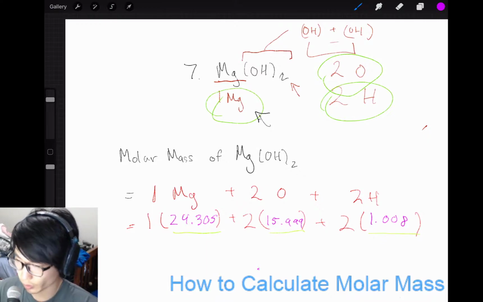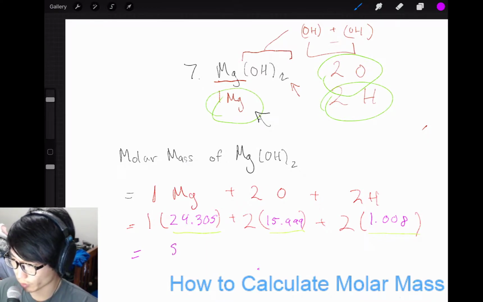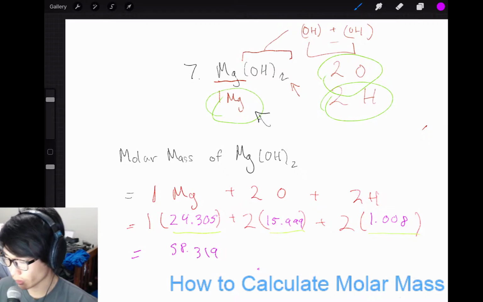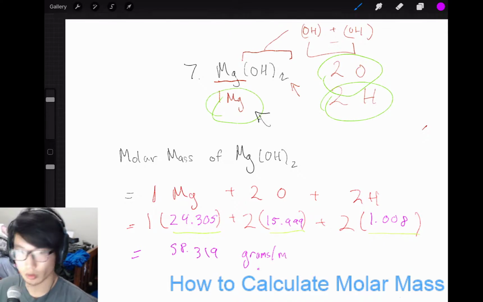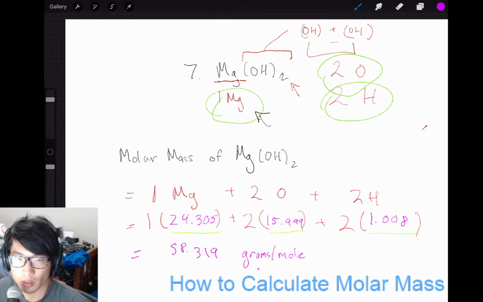So this is going to be equal to 58.319. And remember your units, grams per mole. So the molar mass of MgOH2 is 58.319 grams per mole.